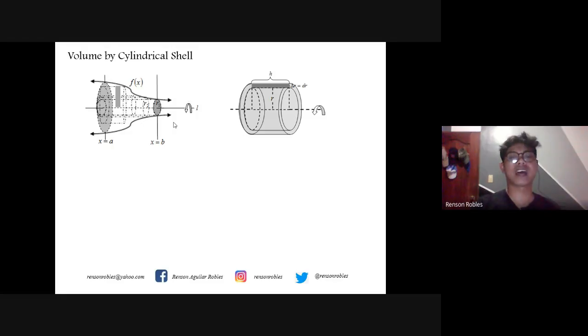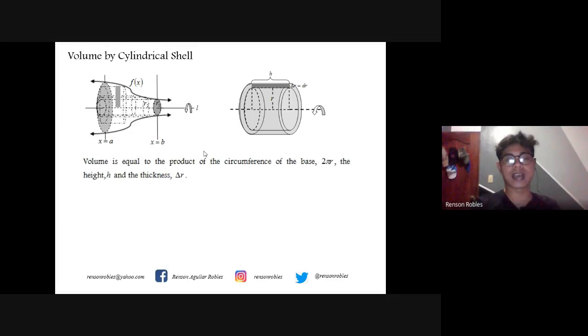Now the volume of the cylinder can be computed as the circumference of the base times the height times the thickness. The circumference is 2 pi r, this is your r. And then the height, this much.